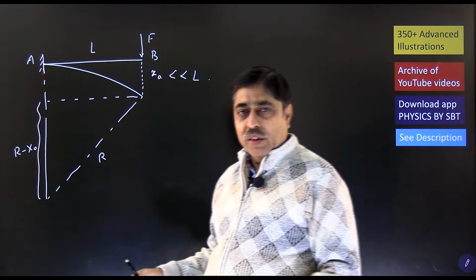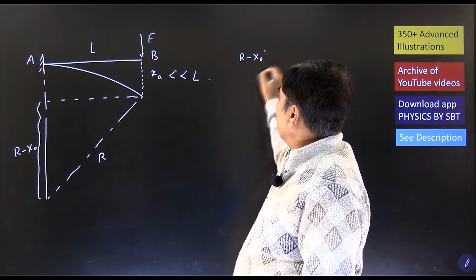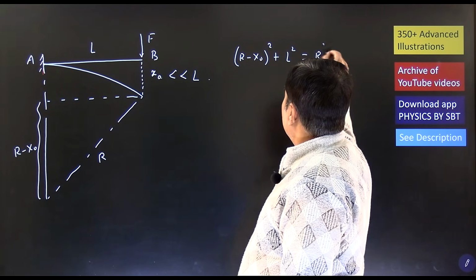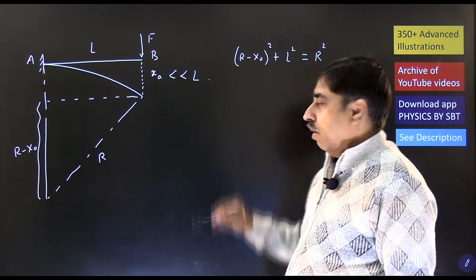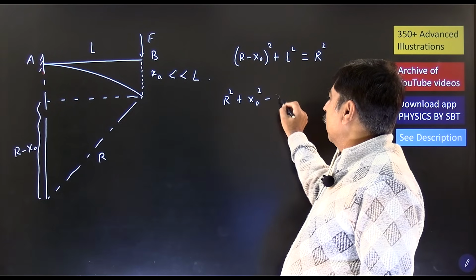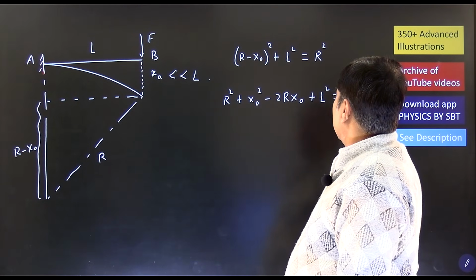Just by using Pythagoras theorem, I can write (r minus x naught) whole square plus L square is equal to r square. So this becomes r square plus x naught square minus 2r x naught plus L square is equal to r square.